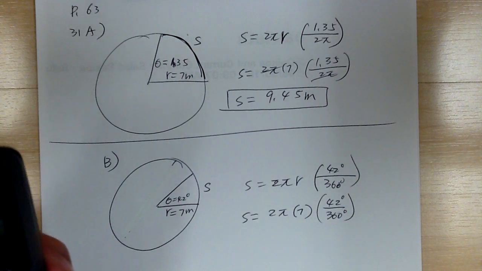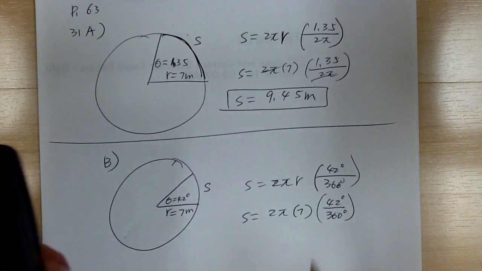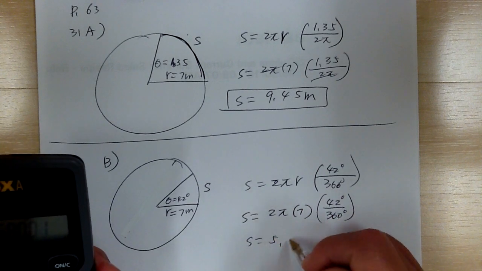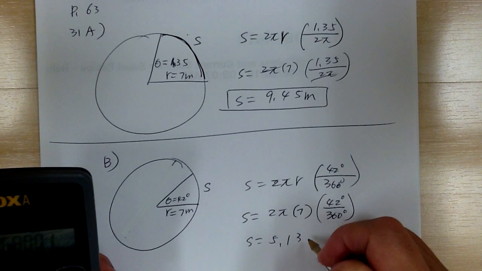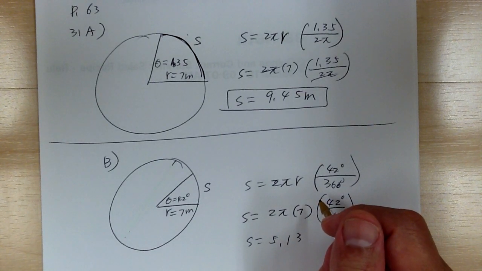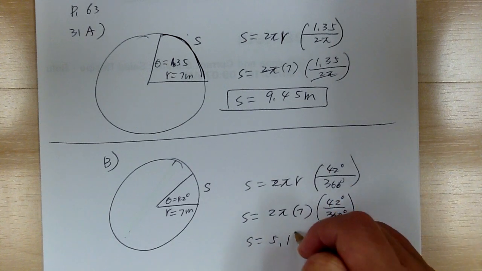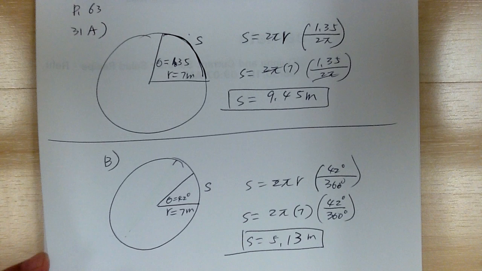So 2 times pi times 7 times 42 divided by 360. So S equal to 5.13. You have to watch the instruction to tell you how many decimals. If it doesn't say, then you can just go 2 decimals. And that's it for number 31.